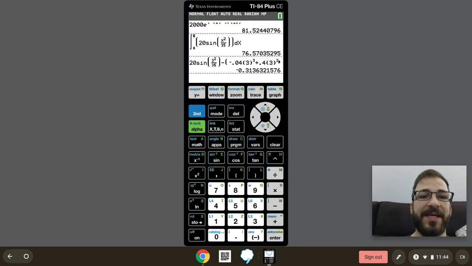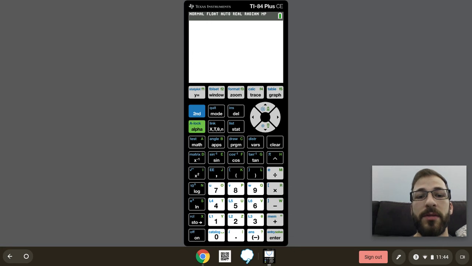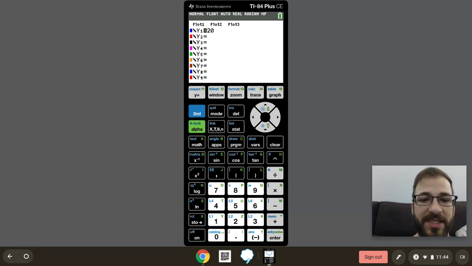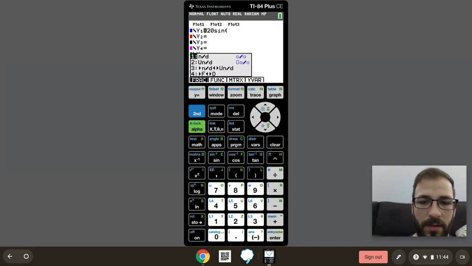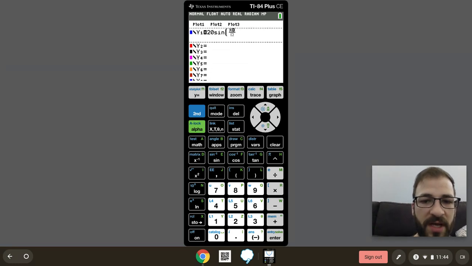Now, a lot of y'all have been asking how to do this in the calculator. So go to your y equals. We're going to put both of these equations in. So 20 sine of t squared over 35, minus, make sure I put everything in parentheses, 0.04 x to the third plus 0.4 x squared plus 0.96x.